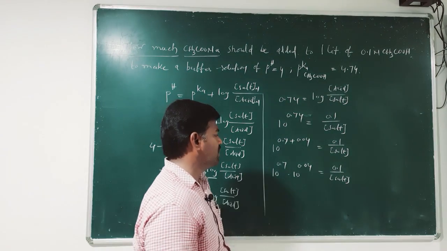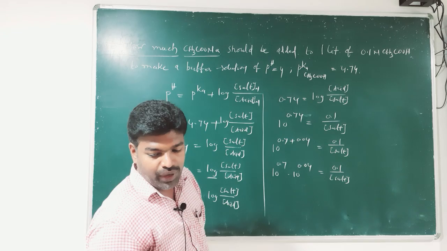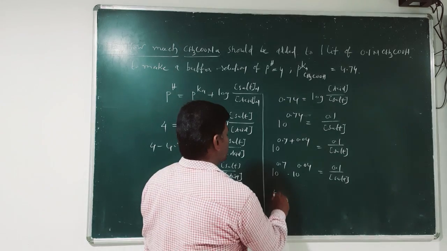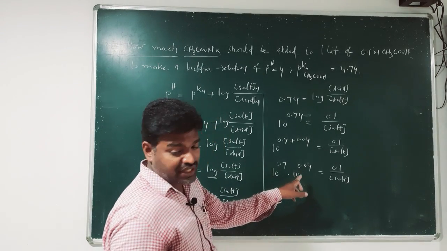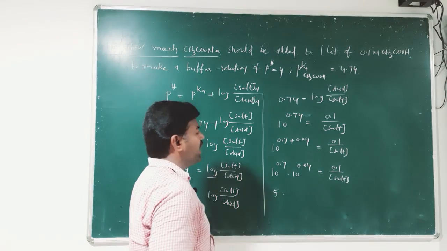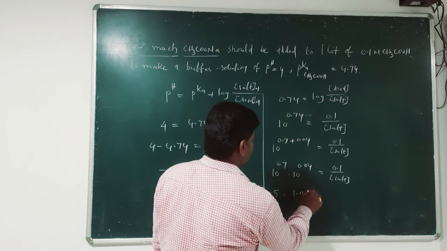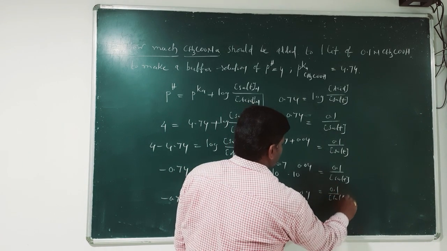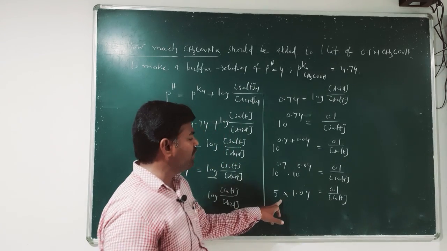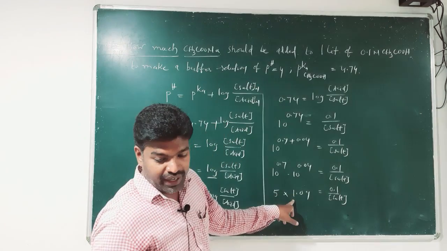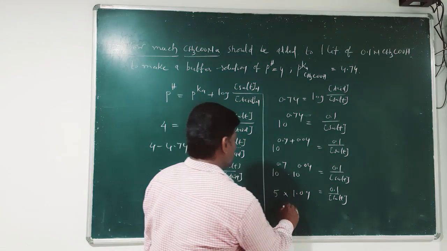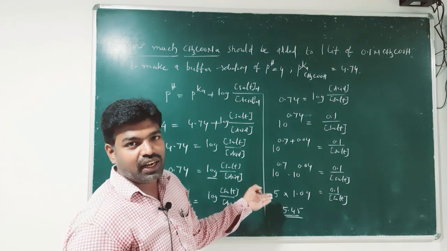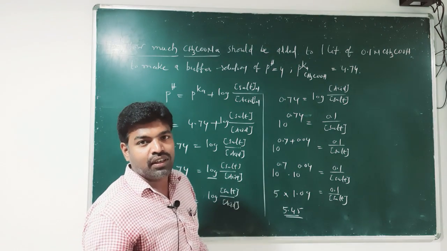The anti-logarithm of 0.7 is 5, and the anti-logarithm of 0.04 is 1.09. The multiplication of 5 into 1.09 gives 5.45.